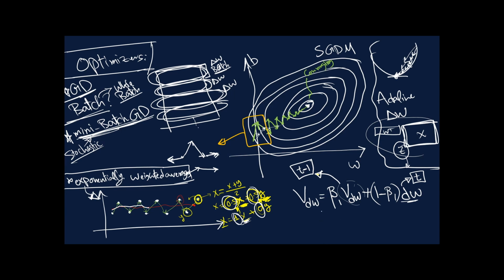Right now this VdW is initialized with a zero value. So what I want to do is basically take this and make it unbiased, because this effect is biased. When it's initialized as zero, it means that I don't have a previous time point, so it's basically zero.